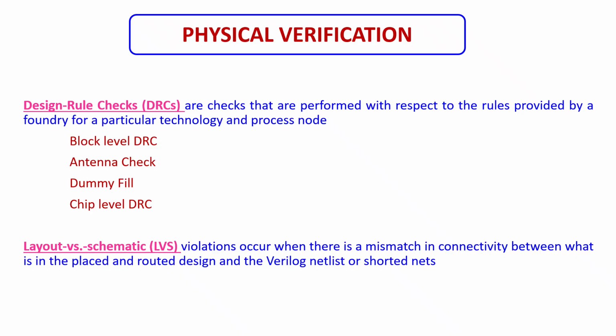If it is properly equal and matching, and if there are no errors, we can proceed to the next step. If we are getting LVS errors, we have to do some modifications in the physical design. We have to go back to the previous steps. We have to find where the mistake is, and then we have to rectify it. Only once DRC and LVS are cleared can we proceed to the next step.